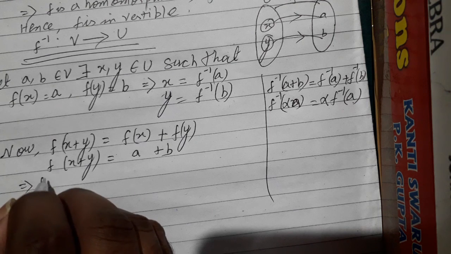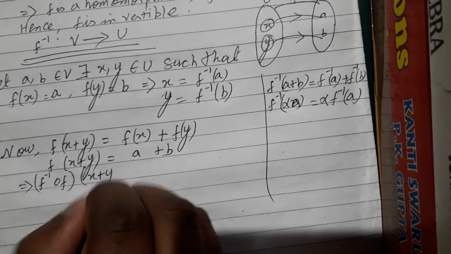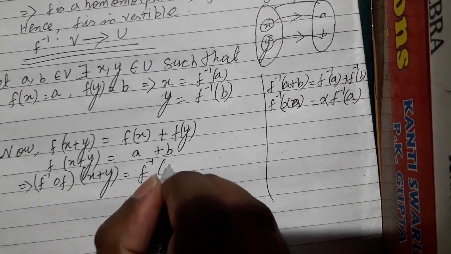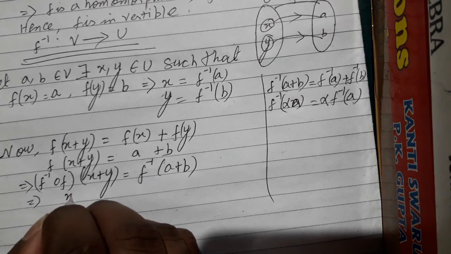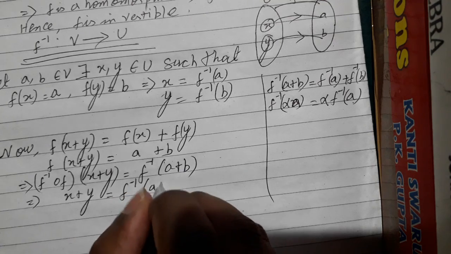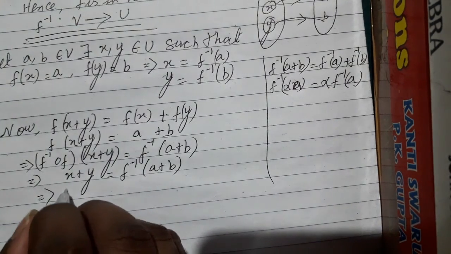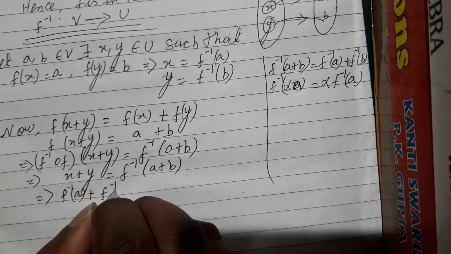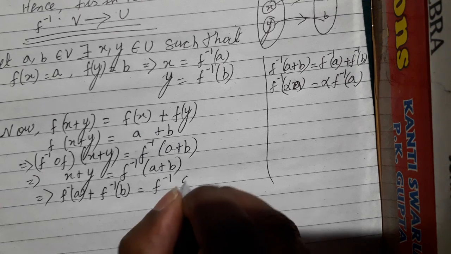So we have f inverse composite f applied on x plus y, and here also I'm applying the inverse on both sides: f inverse applied on a plus b. This is the identity function, so it is the same as x plus y, which is equal to f inverse applied on a plus b. What is x? x is f inverse of a. So f inverse of a plus f inverse of b is equal to f inverse of a plus b.